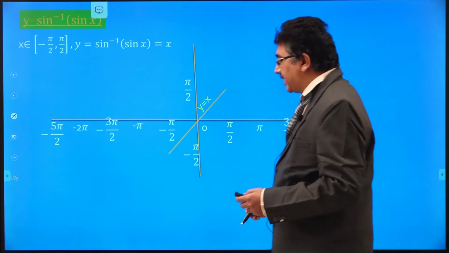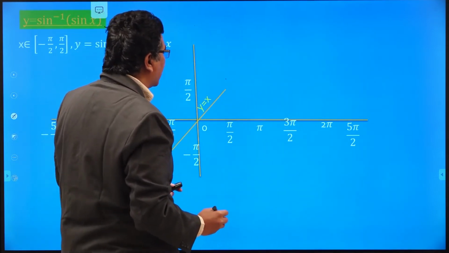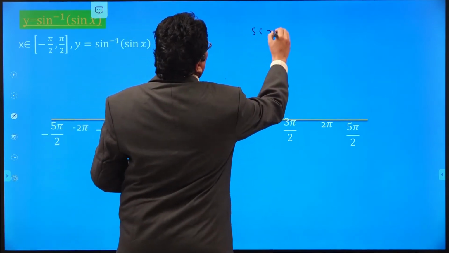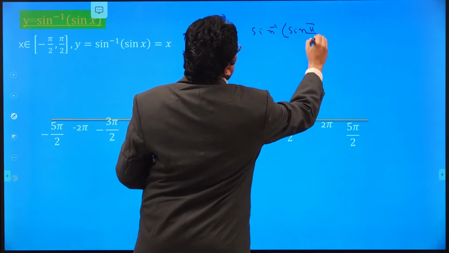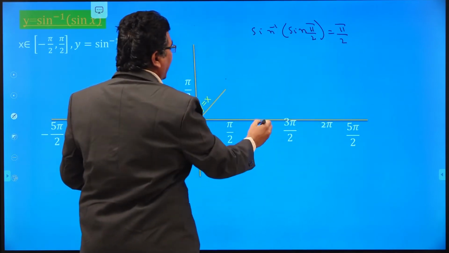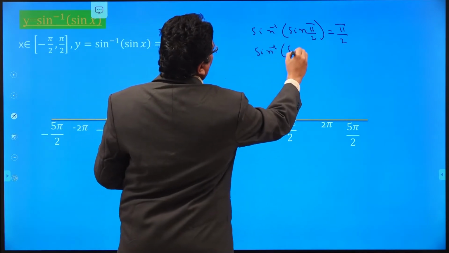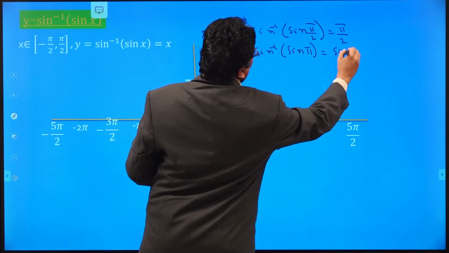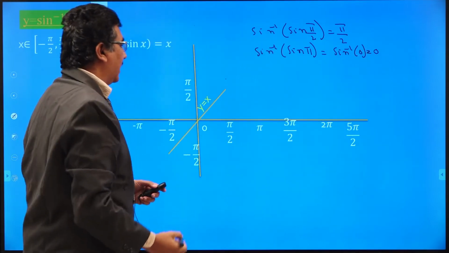Now, how to draw the remaining graph? For that, first find sine inverse of sine pi by 2, that is equal to pi by 2. Now sine inverse of sine pi is equal to sine inverse of 0, that is equal to 0.